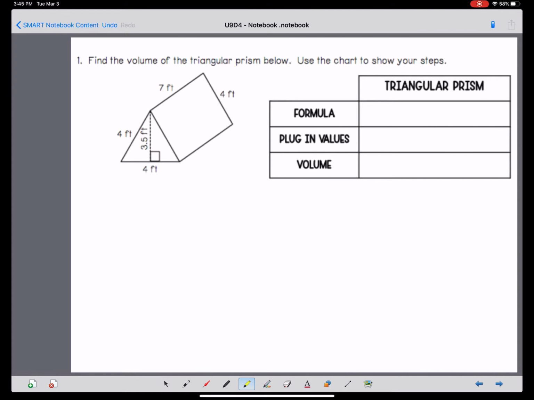Okay, so let's go ahead and try and find the volume of the triangular prism below. We're going to use the exact same equation right here. The volume is equal to the area of the base times the height. Well, the area of a triangle, I'm going to write it out right here, is base times height divided by 2. Let's plug that in.